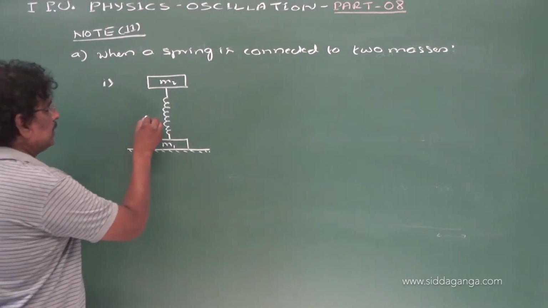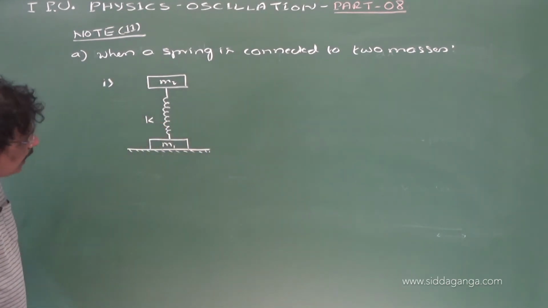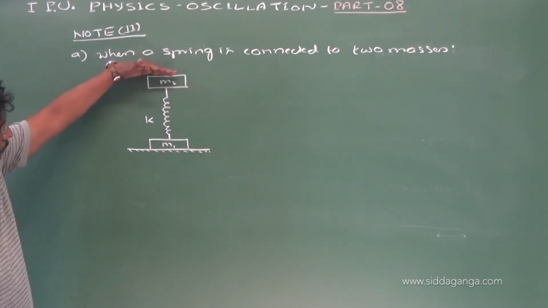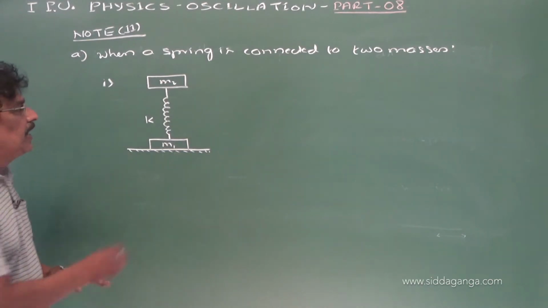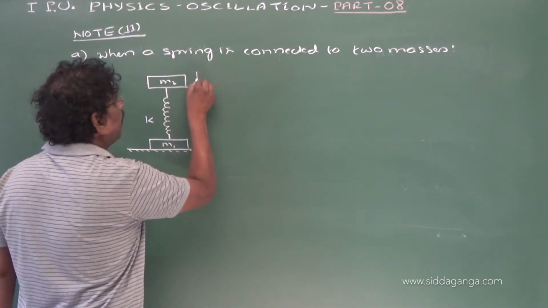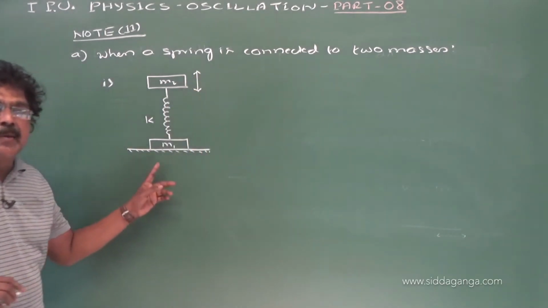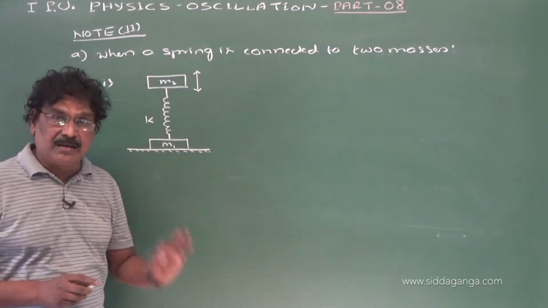Here this is the value of k. Now here generally when the mass m2 begins to oscillate, m1 won't oscillate, only m2 oscillates.